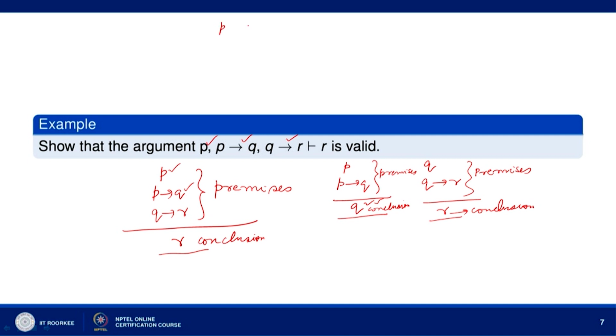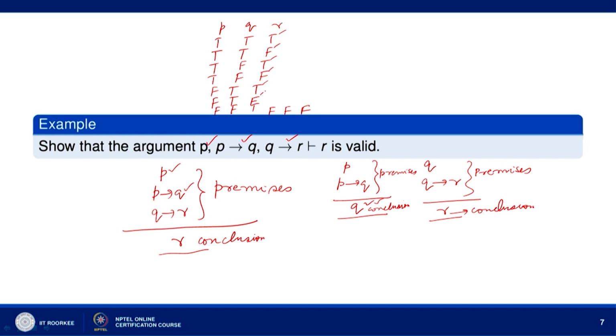So, P Q R: T T T, then we have T T F, then T F T, then T F F, then F T T, then F T F, and then F F T, and then the last case F F F. So, we have 8 possibilities.